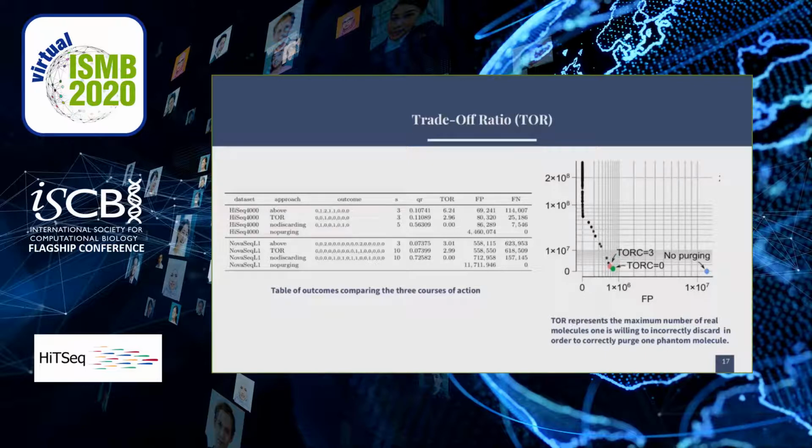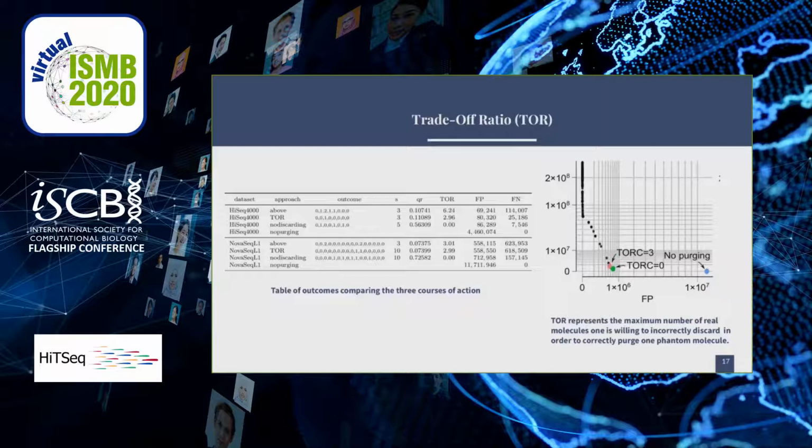If we don't purge, as we see here from the figure, the false positive rate is up to 11,700,000. While if we reassign, we can reduce the false positive rate to almost 700,000, only with a slight increase in false negative.